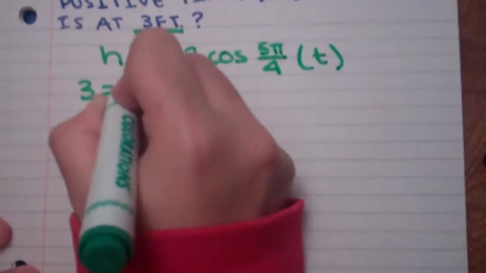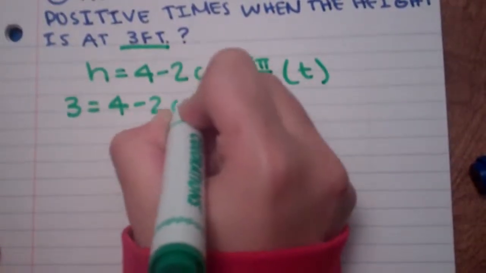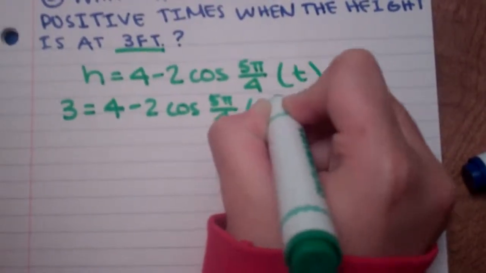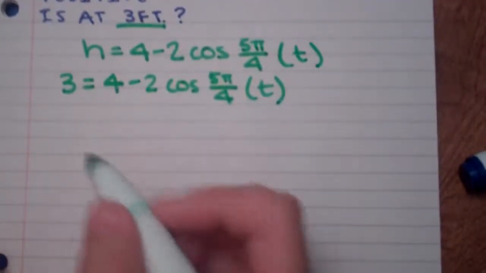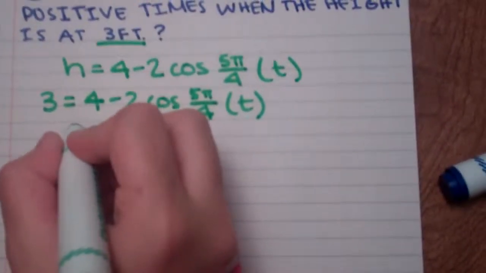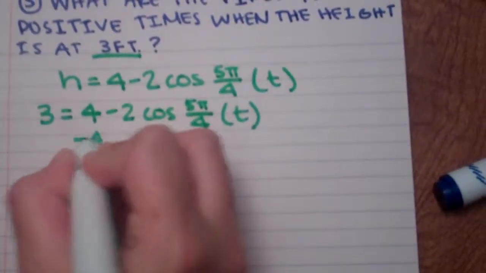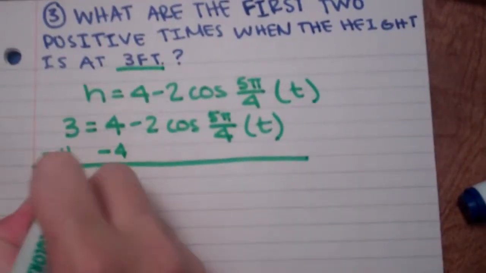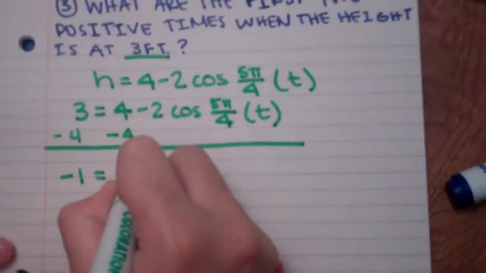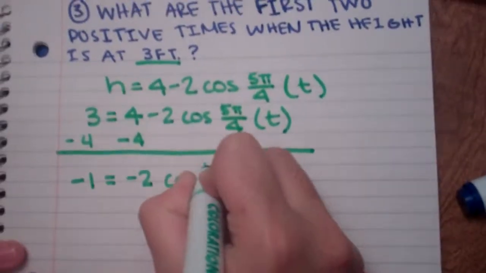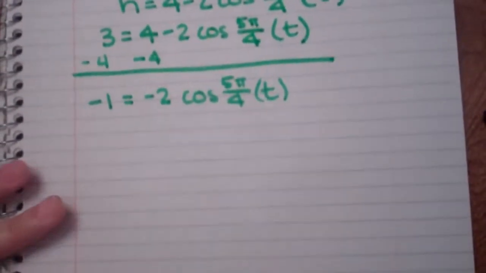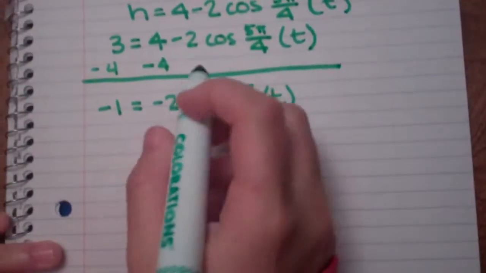So 3 equals 4 minus 2 cosine 5 pi over 4t. Now we're going to solve it algebraically. First, we're going to subtract 4 from both sides. We get negative 1 equals negative 2 cosine 5 pi over 4t. Now we're going to divide both sides by negative 2.